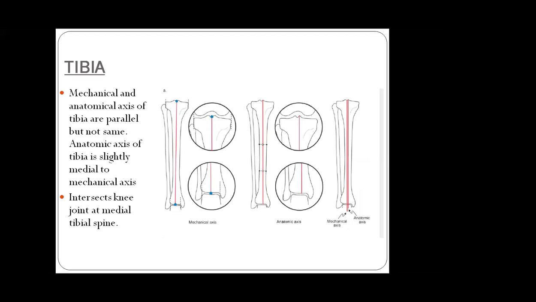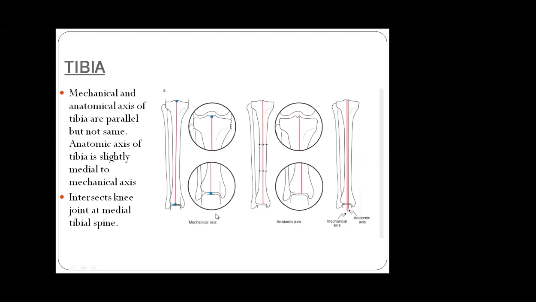Now talking about the tibia. The mechanical and the anatomical axis of the tibia are, for practical purposes, taken as the same, but theoretically they are not exactly the same. The anatomical axis of the tibia is slightly medial to the mechanical axis, and it intersects the knee joint at the medial tibial spine. In diagram A, the mechanical axis of the tibia is drawn from the center of the knee joint to the center of the ankle joint.